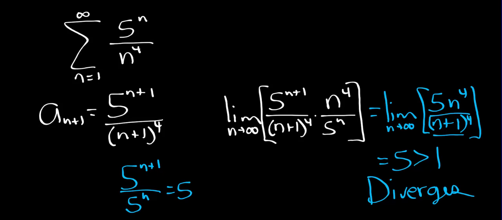Okay, let's look at one more here. Let's suppose we'll make it look a little more complicated. Now, some of these can be challenging. Sometimes it's a little bit challenging to simplify the limit at the end and evaluate it, but those just require practice. We're just trying to get the idea here.